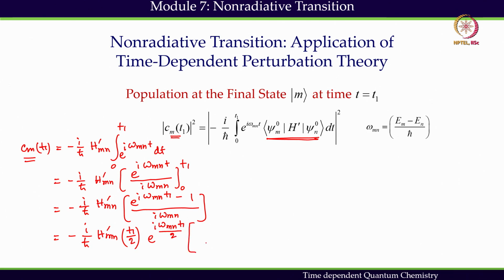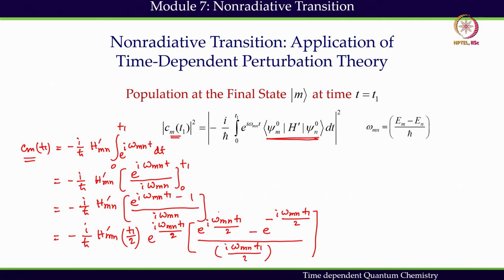If we do that, then within this bracket I will be able to write down e to the power i omega mn t1 by 2 minus e to the power minus i omega mn t1 by 2, divided by i omega mn t1 by 2.